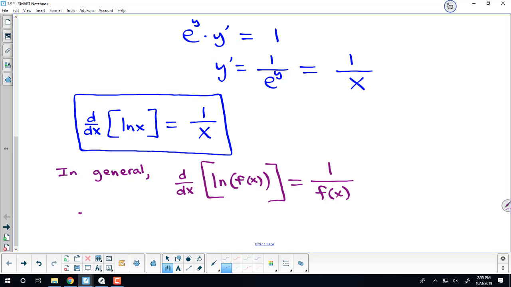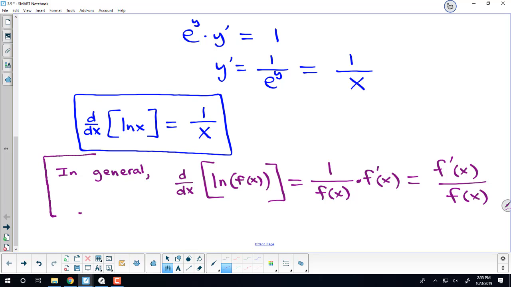So that's how to take the derivative of the function when the outer function is the natural log. It's 1 over that thing. But then the chain rule says you have to multiply by the derivative of the function on the inside. So did you say f prime of x over f of x? Right. So that's f prime of x over f of x. So I think this one here is a little bit more conducive to commit to memory.